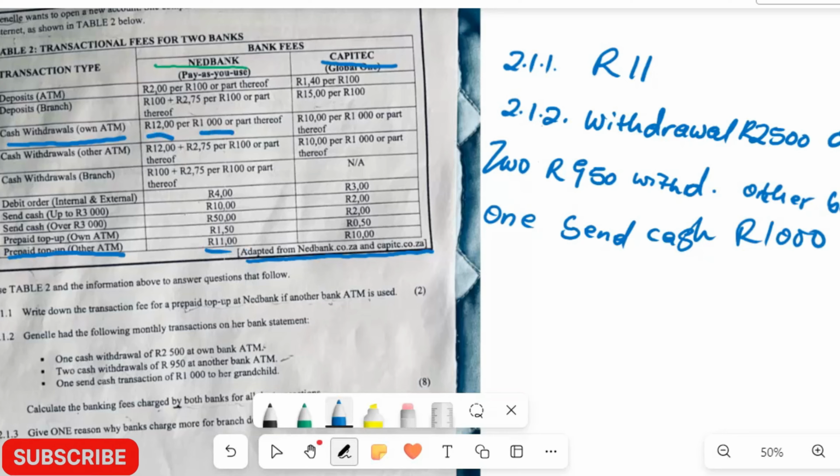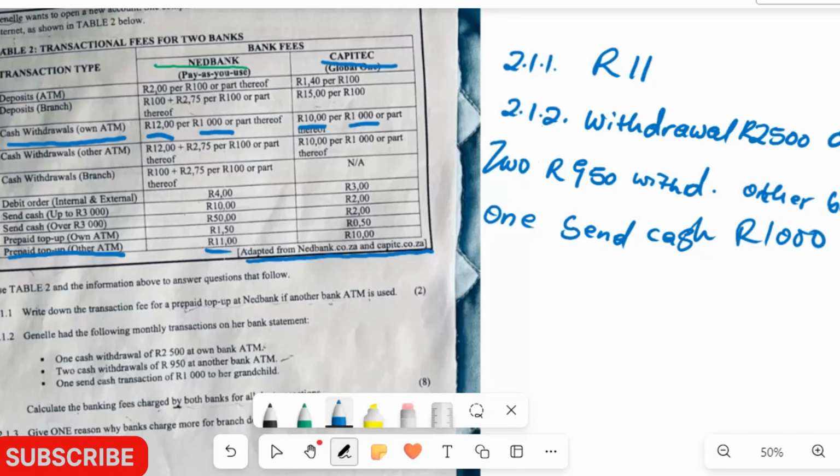What do they mean when they say or part thereof? They mean even if you were going to withdraw 100 rands or 500 rands, you were still going to be charged 12 rands. And at Capitec, she's charged 10 rands per 1,000 rands or part thereof. That means even if you were going to deposit 850 rands, you would still be charged 10 rands.